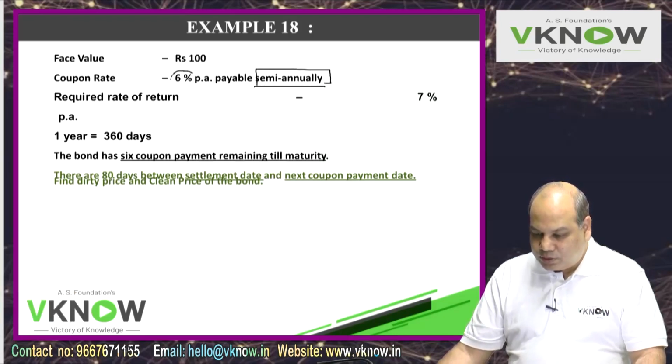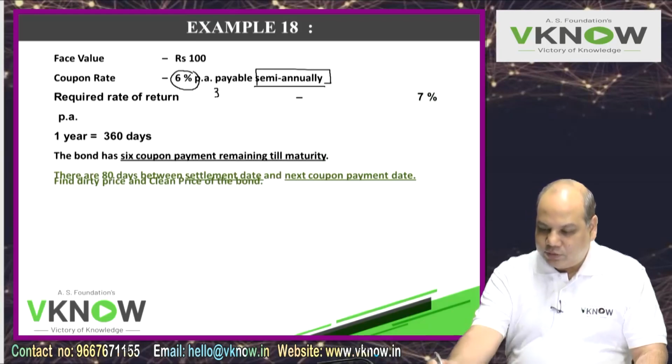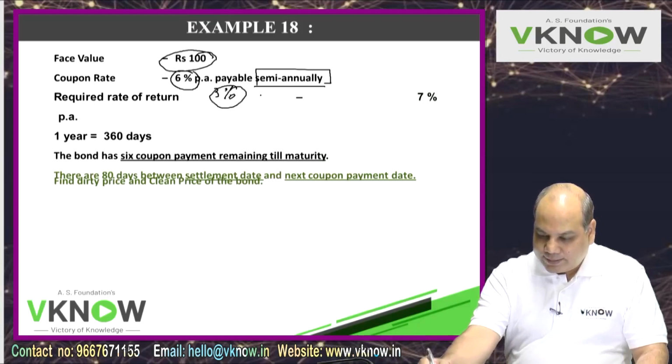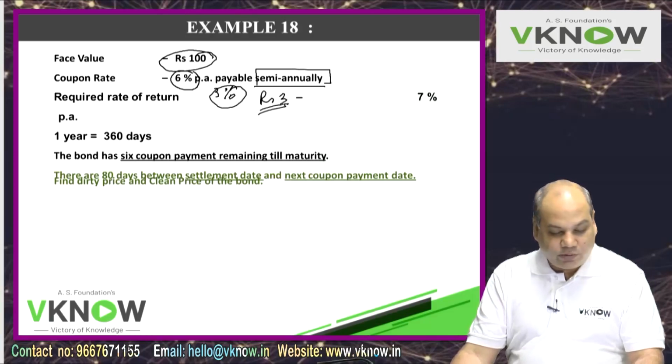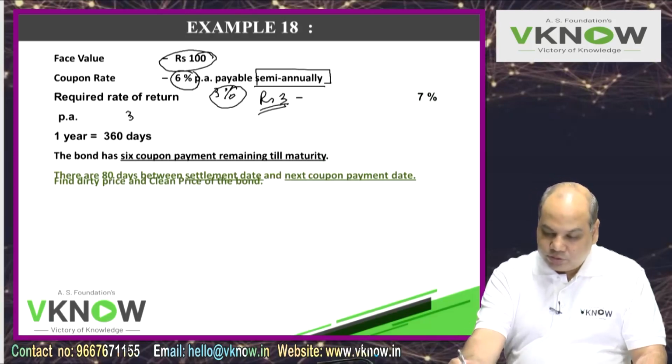So 6% per annum means 3% for every 6 months. So 100 into 3, rupees 3 coupon is paid after every 6 months. Required rate of return is 7% per annum, which means 3.5% for 6 months.